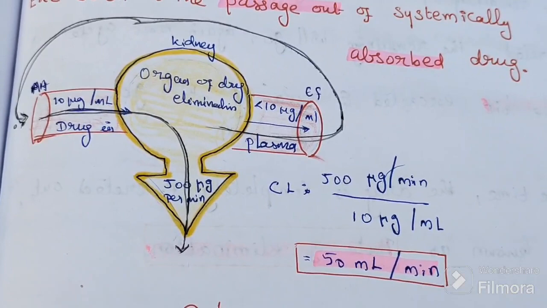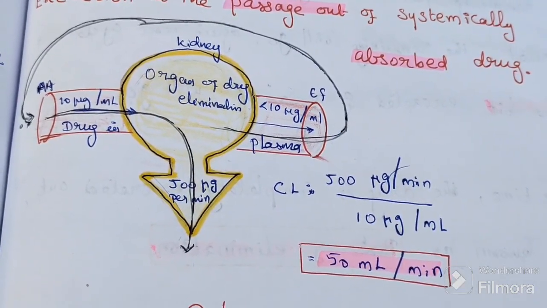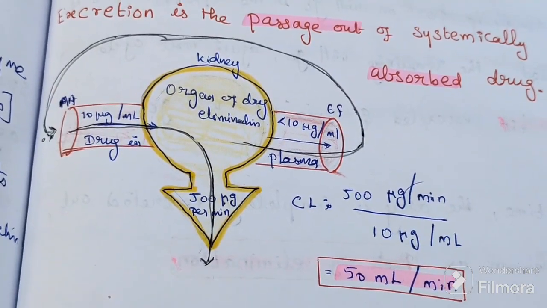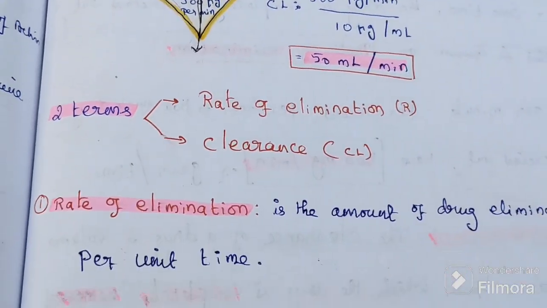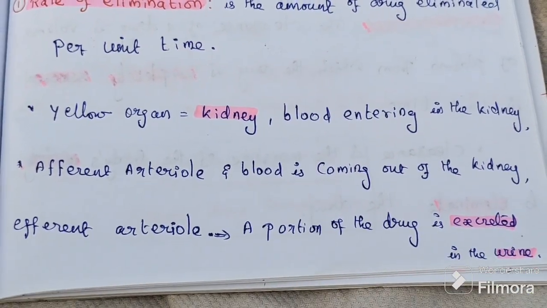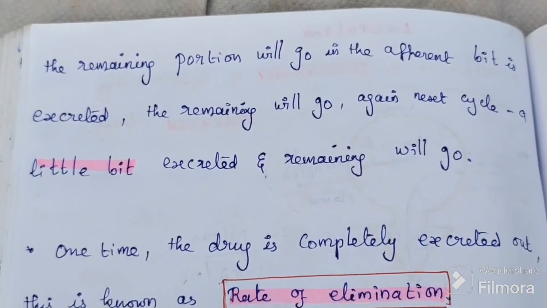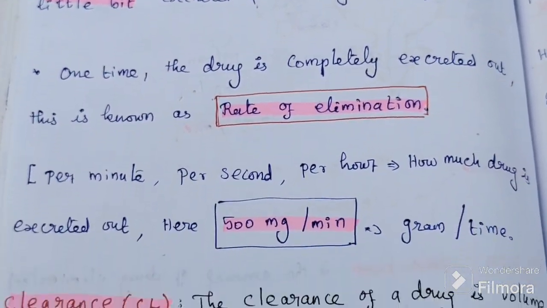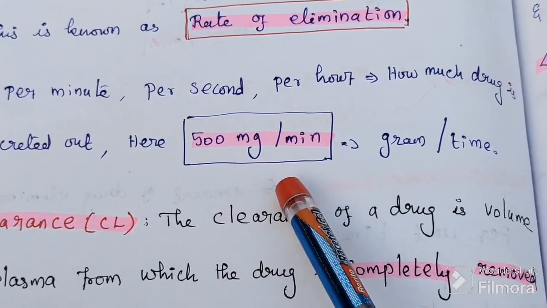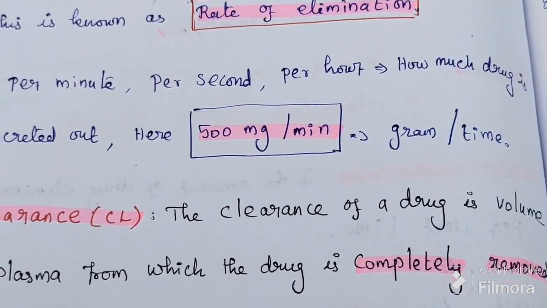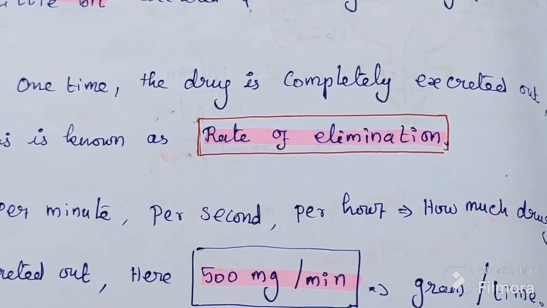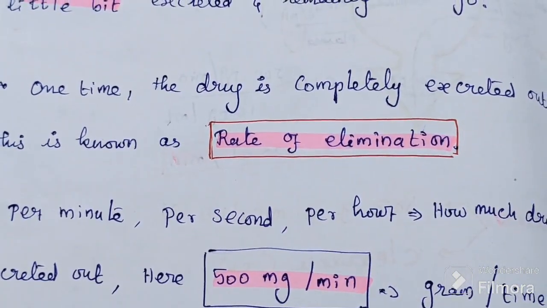It can be fast or it can be slow. Some drugs are excreted very fast, and some drugs are slow. In this one, 500 mg per minute, it will very quickly become zero in the blood.